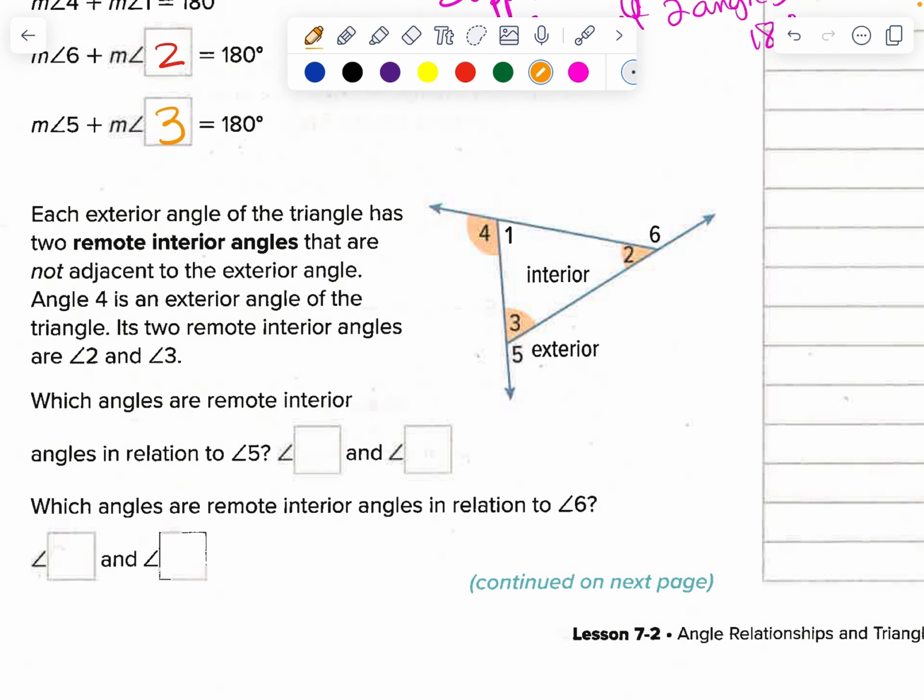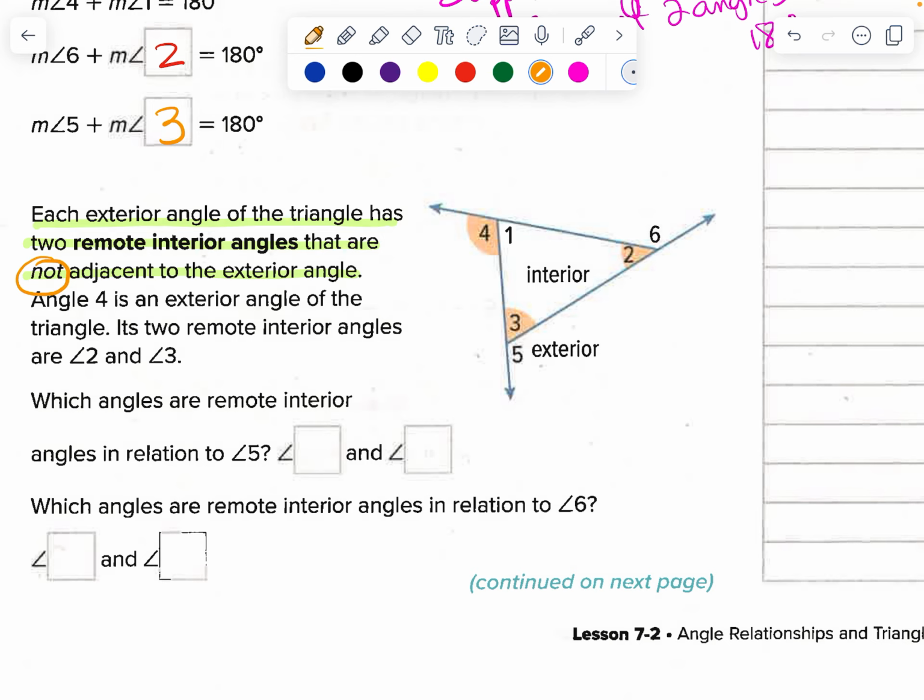Each exterior angle of the triangle has two remote interior angles that are not adjacent. Super important that we get this word right here. Not adjacent. Adjacent meaning next to.